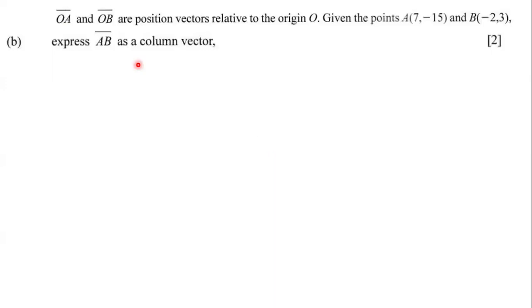Next, we have to express AB as a column vector. Now, AB is going to be equal to AO plus OB.